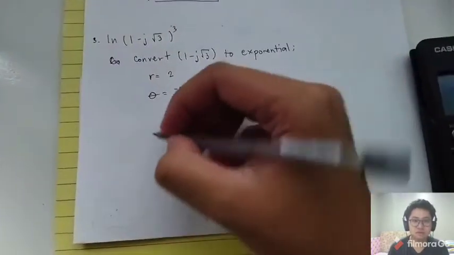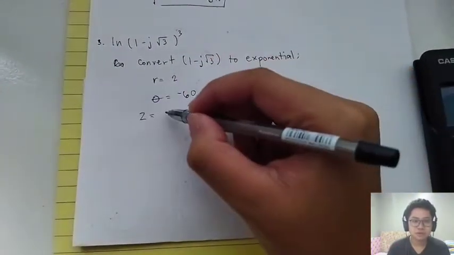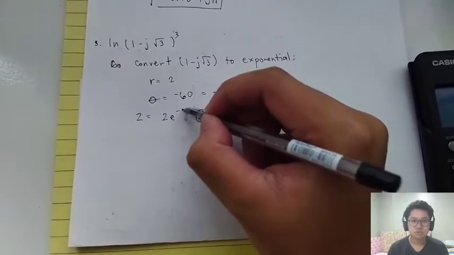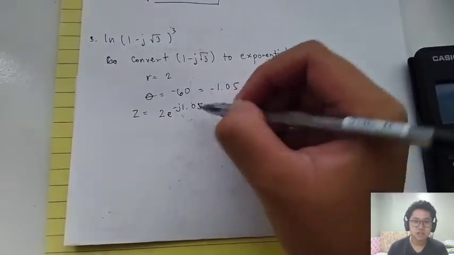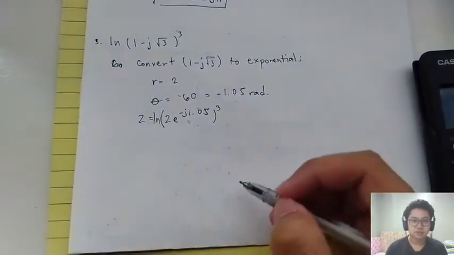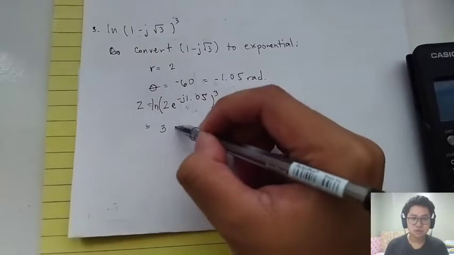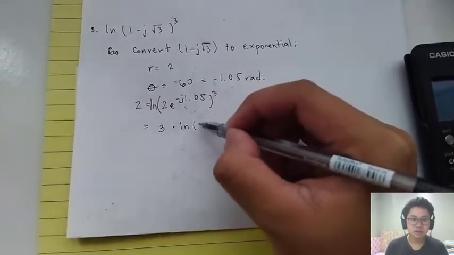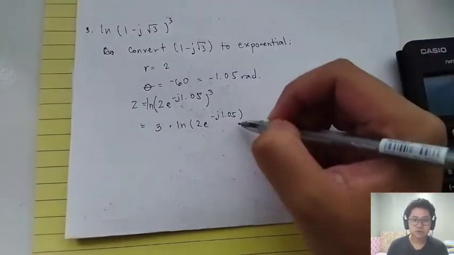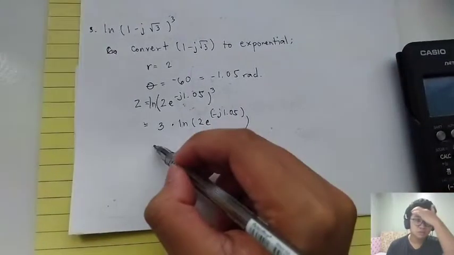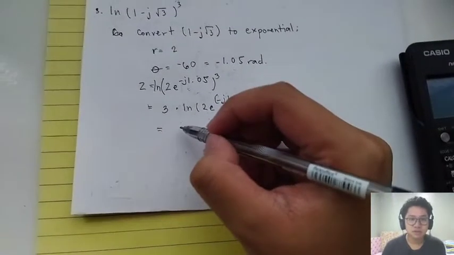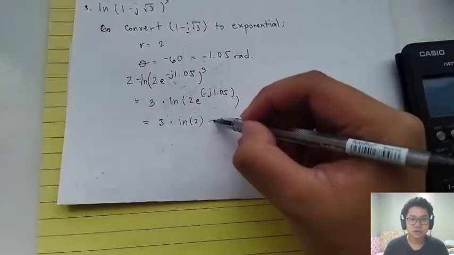Then we have our exponential form, that is z is equal to 2 e raised to negative j 1.05. Don't forget the exponent of 3. So it is equal to 3 times ln of 2e raised to negative j 1.05. We just used the property that the exponent will be transferred, will be multiplied to the ln.